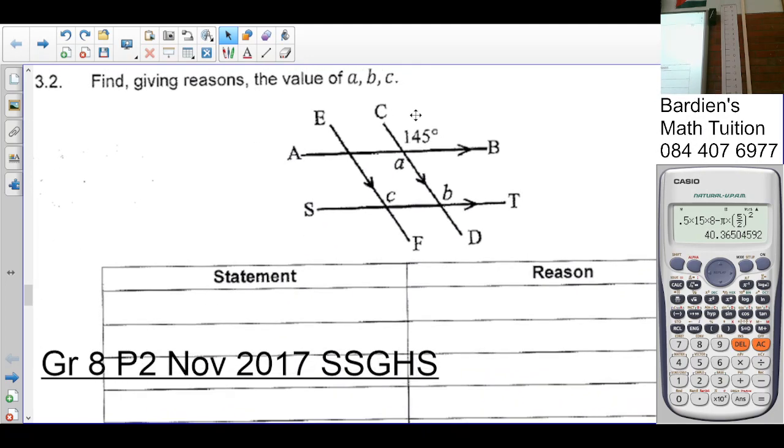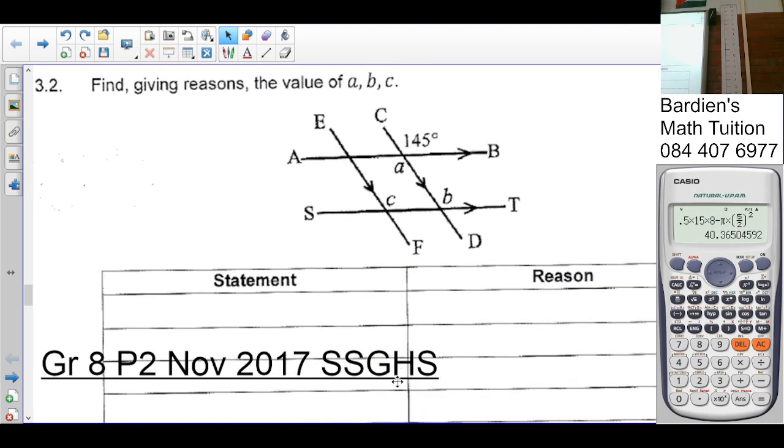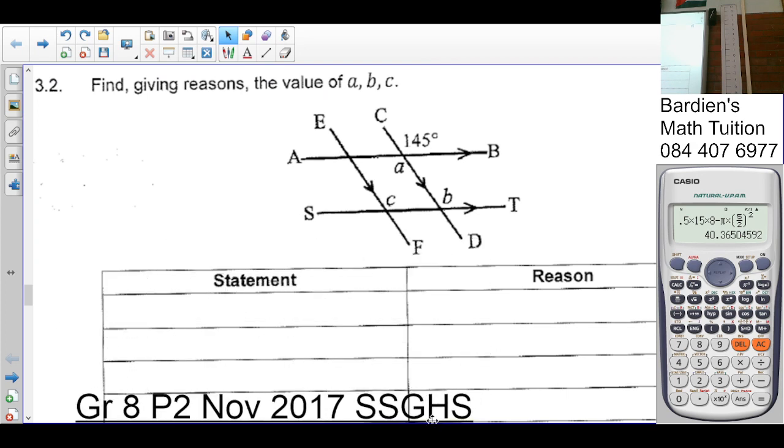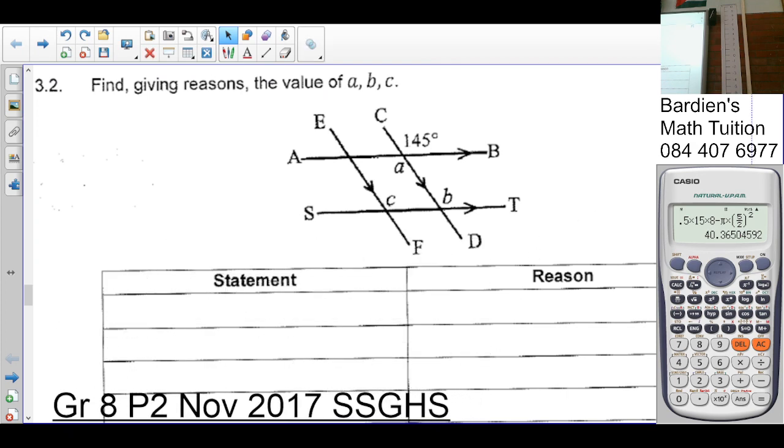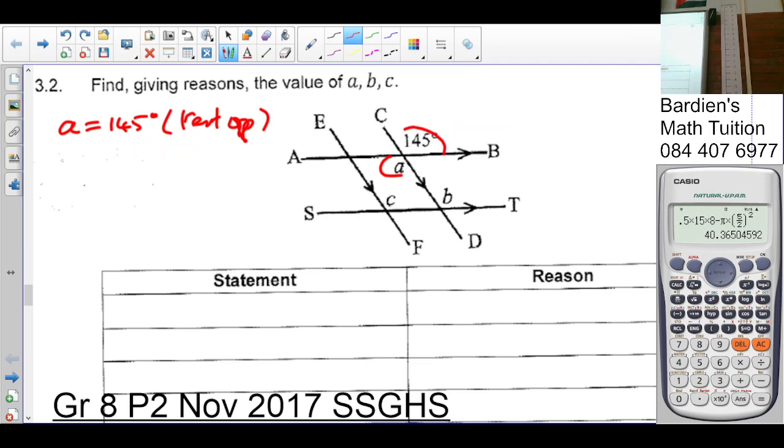Find, giving reasons, the value of A, B, and C. So the value of A is 145. Why? It's vertically opposite. Okay, so that angle is the same. B, 145.